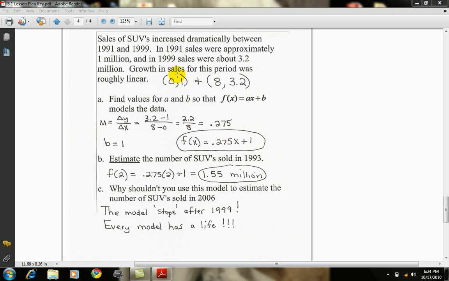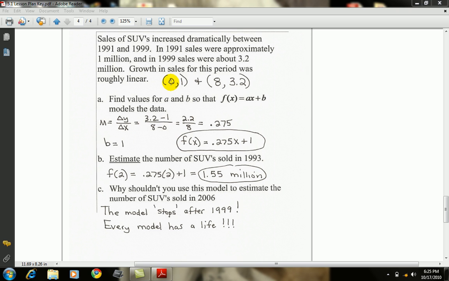Now, a cool thing, the ordered pair 0, 1. Let's remember a fact about linear functions, or just lines. When the x value is 0, the number that comes after it is b. The reason that should make sense is that the only way an x value can be 0 is if you're standing on the y-axis.